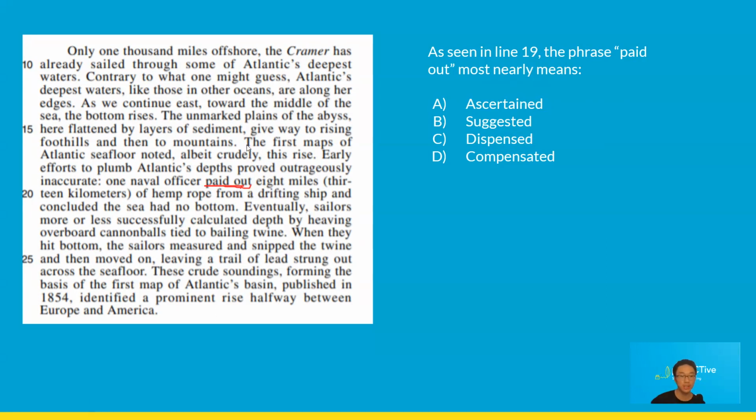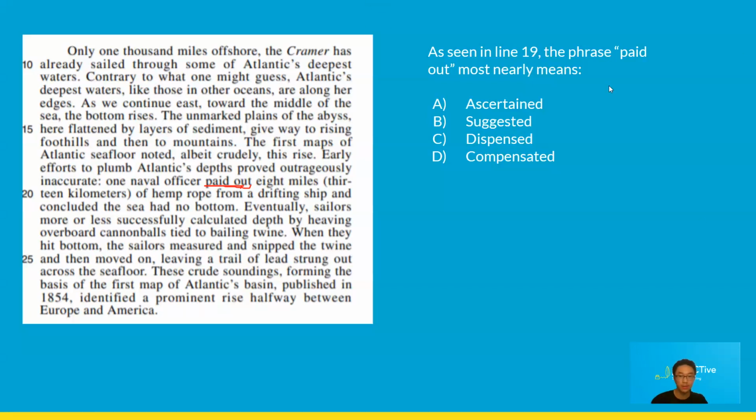So this section is talking about the early efforts to plumb the Atlantic's depths, which proved outrageously inaccurate. It's talking about the methods that sailors and scientists used to calculate the depths of the Atlantic, and how these early methods are not really accurate, right?